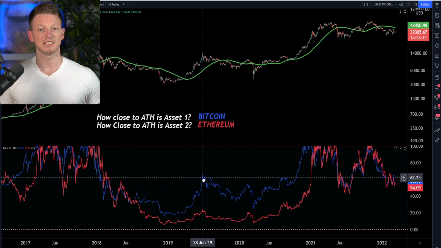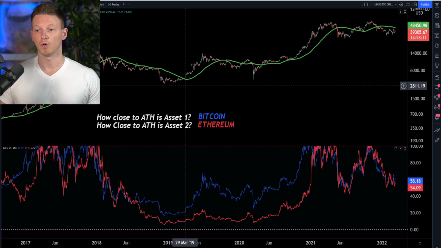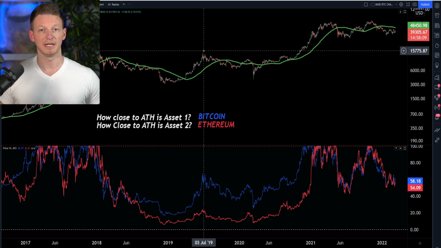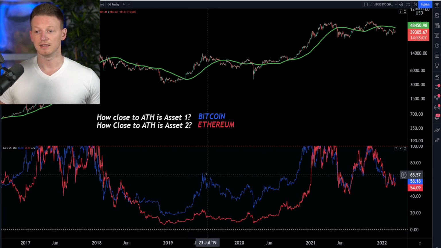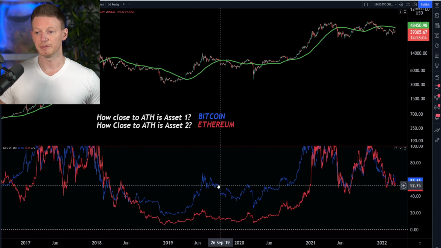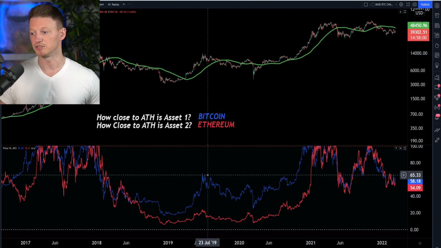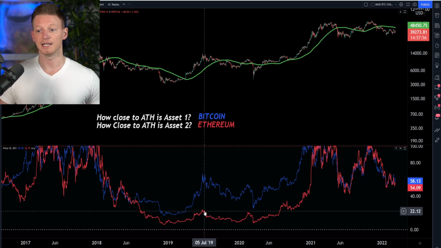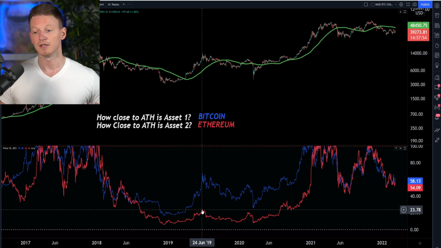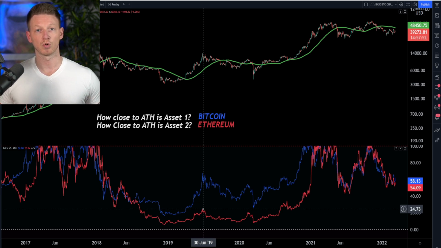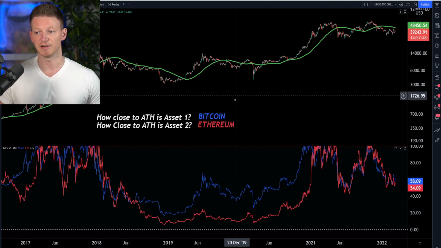And then at different stages of the bear market, or if you want to call 2019 a mini bull market, the differences between these two assets became immense. So at one point, Bitcoin was at around 65% of its prior all-time high. In other words, down around 35%. And at its best during that time, Ethereum only got back about a quarter of its total all-time high. So it was down around 75%.